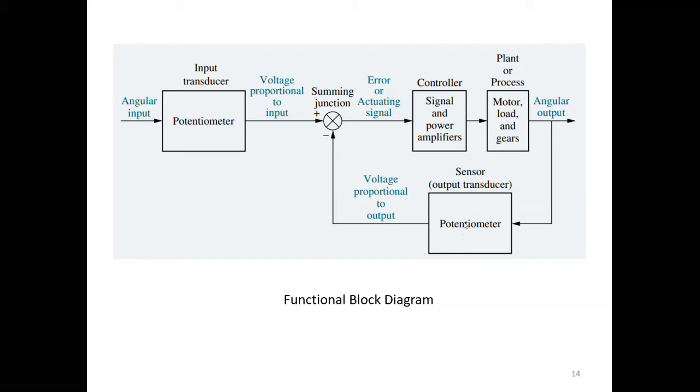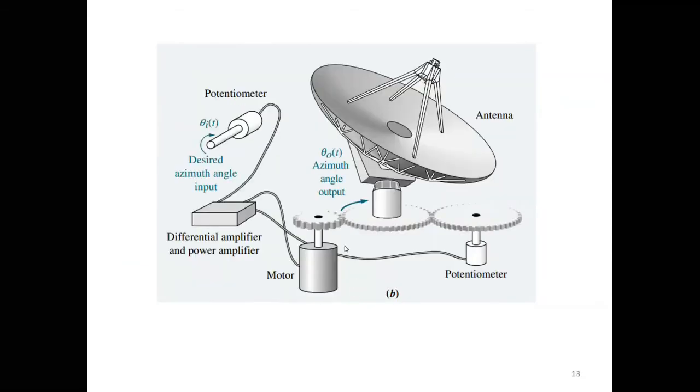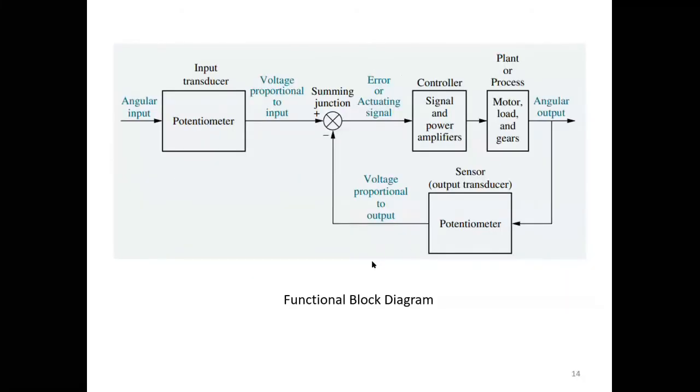Then it will check the voltage proportional to output, and here is the difference. That is the functional block diagram of the positional control system. So if I ask you to write the functional block diagram of a position control system, then this will be your answer.